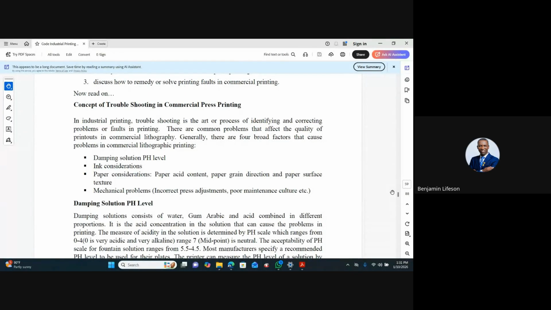If the grains are moving in a certain direction, and you print along or across, what will happen? Technical issues: if you don't maintain your distance well, and all of a sudden the head of your printer is having a problem, you end up receiving a poor outcome. So what will also happen? That is what we want to look at.